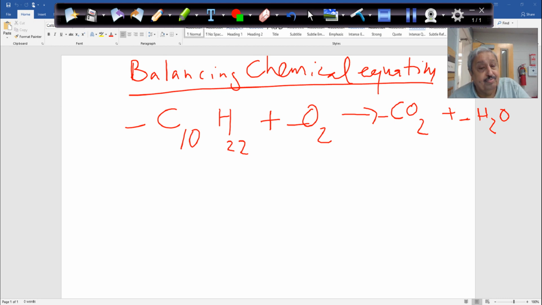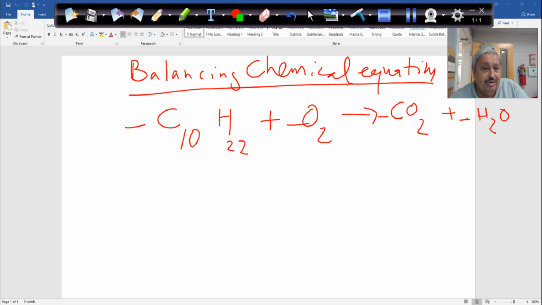Well, when it comes to balancing chemical equations, there are no strict rules. The whole idea is that the number of atoms of each element on the left reactant side has to equal the number of atoms on the right, the product side. So what do you think the next step can be?